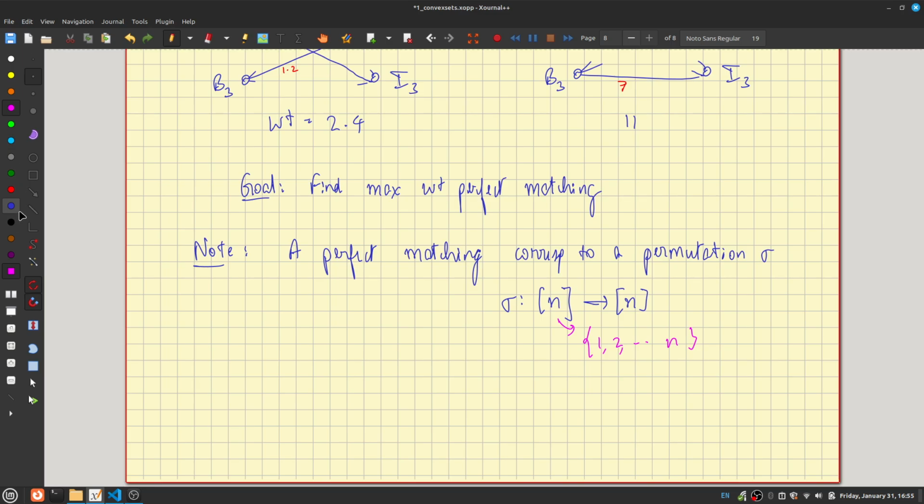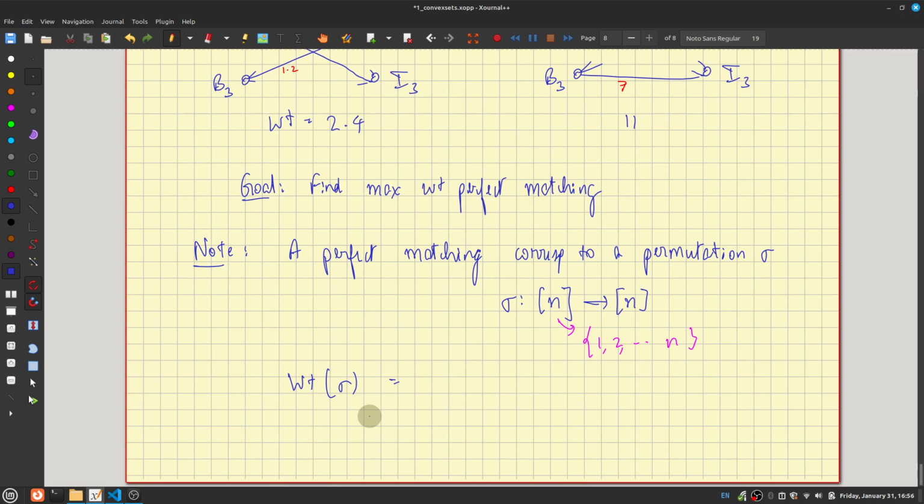Right? Now, in this particular notation, what would be the weight of the matching sigma in terms of the Wij's? So basically, sigma of i tells you what i gets mapped to, or which vertex on the right.